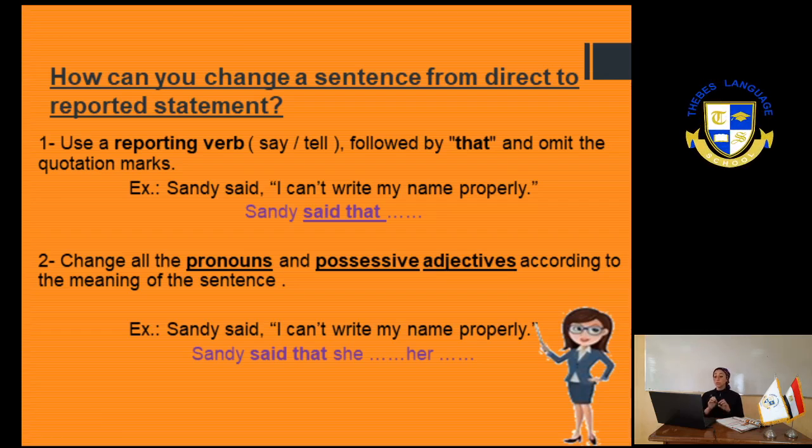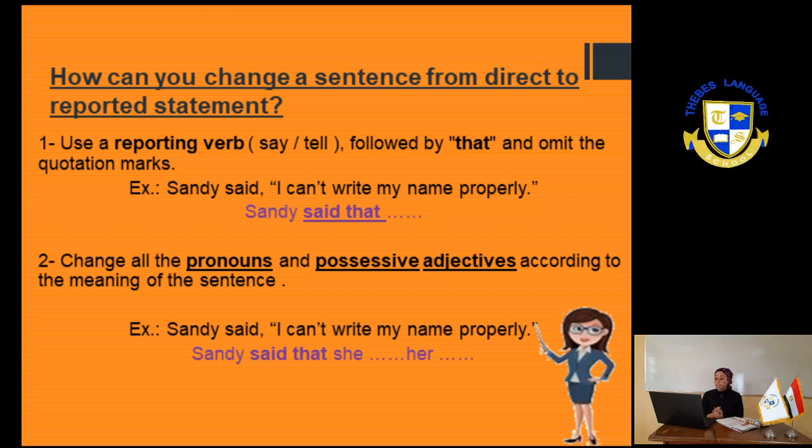What does it mean to omit the quotation marks? It means to remove them or to take them away. Okay, so the first thing is to use one of the reporting verbs. What are they? Say or tell. Then we use the word that, and then we remove the quotation marks.